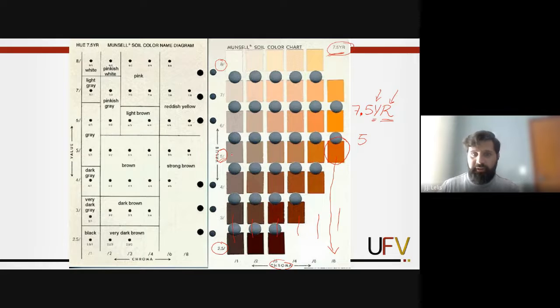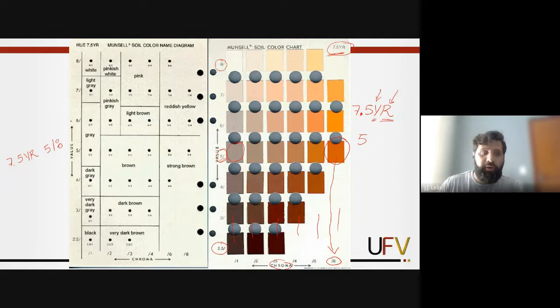Here we can see the same value and the same hue, but a saturation difference. Here, this color is stronger than here. So I can differentiate also the chroma. And this color is 7.5 yellow red, 5, chroma 8. 8, you can see here.